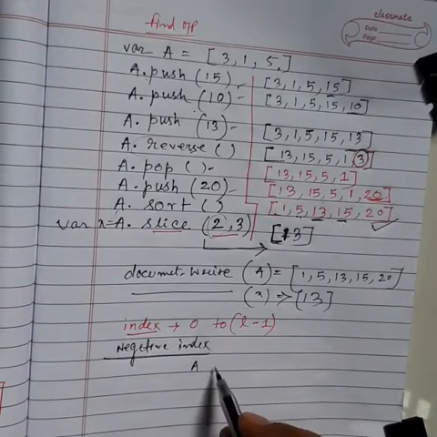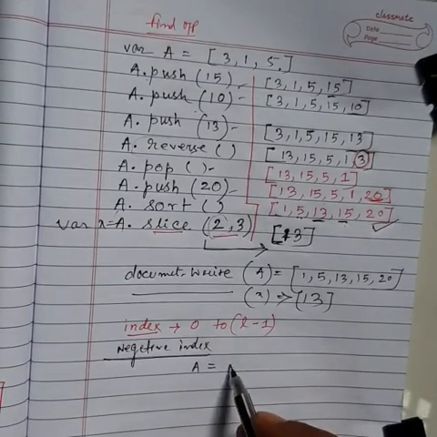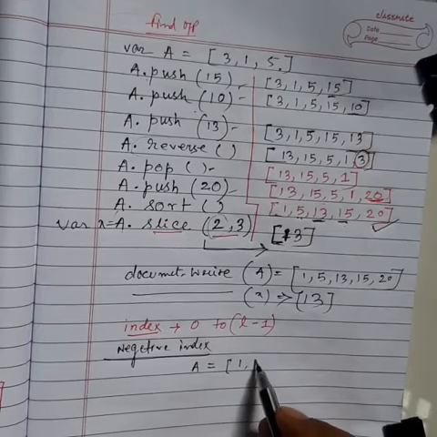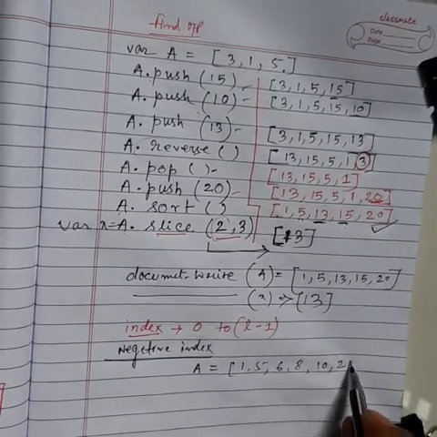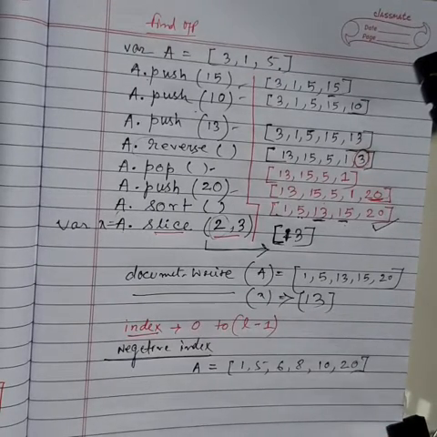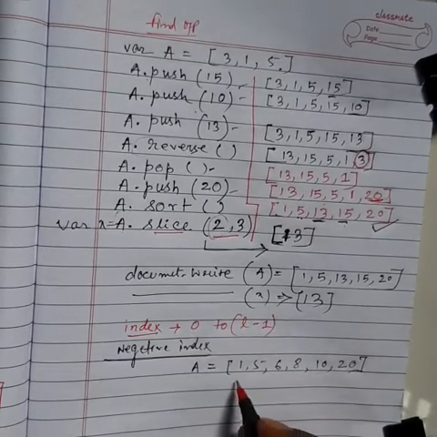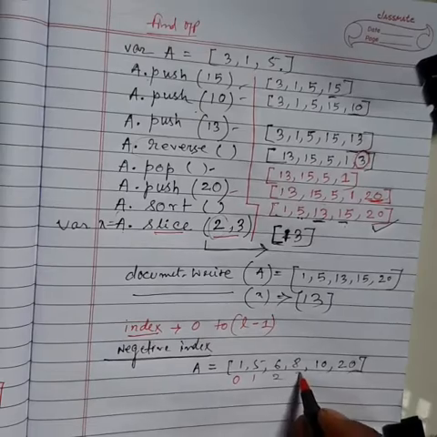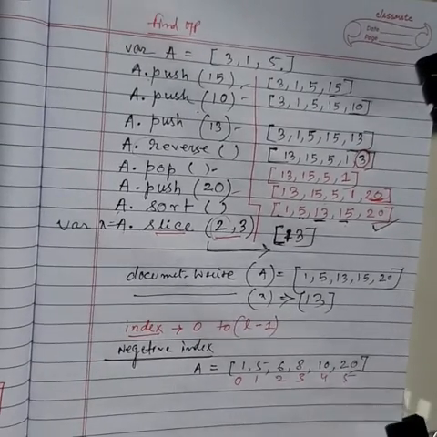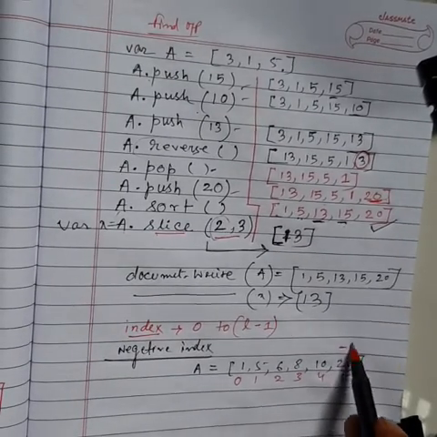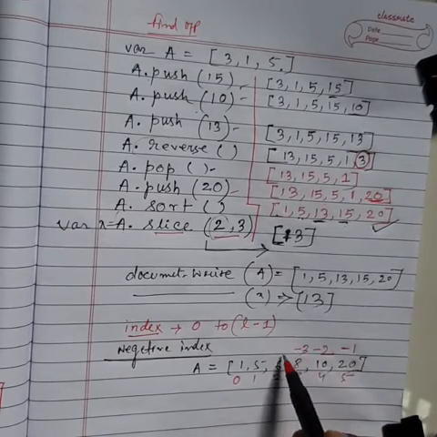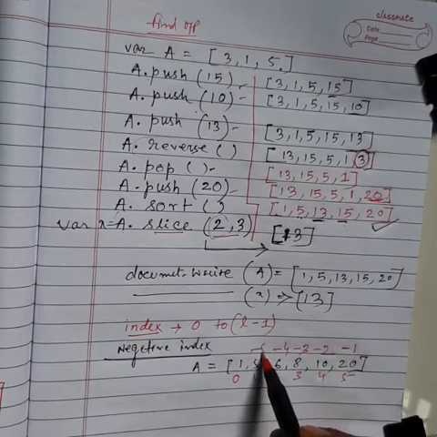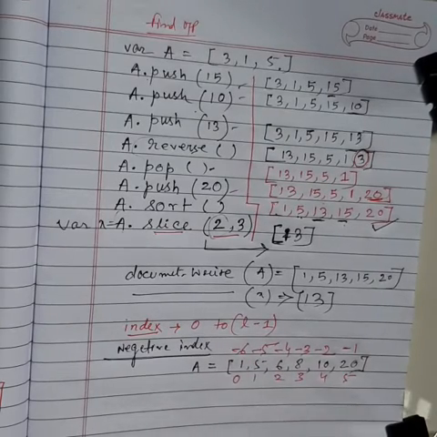Suppose we have one array a equal to 1 5 6 8 10 20, for example. In the positive version, we know the indexes are 0 1 2 3 4 5, but in the negative version it will start from minus 1 on this side, then minus 2, minus 3, minus 4, minus 5 and minus 6.